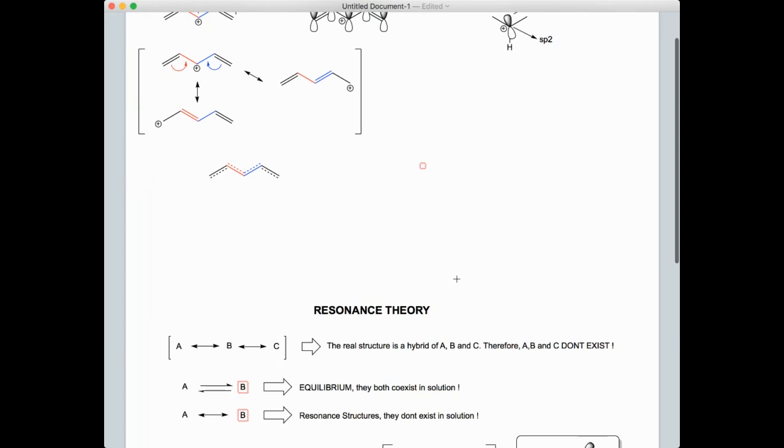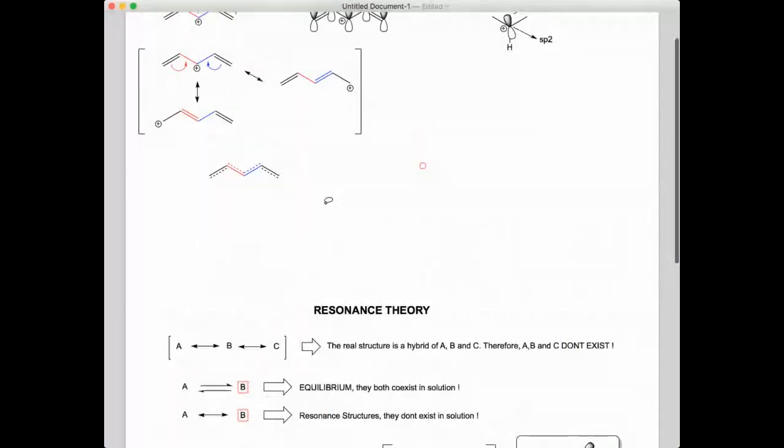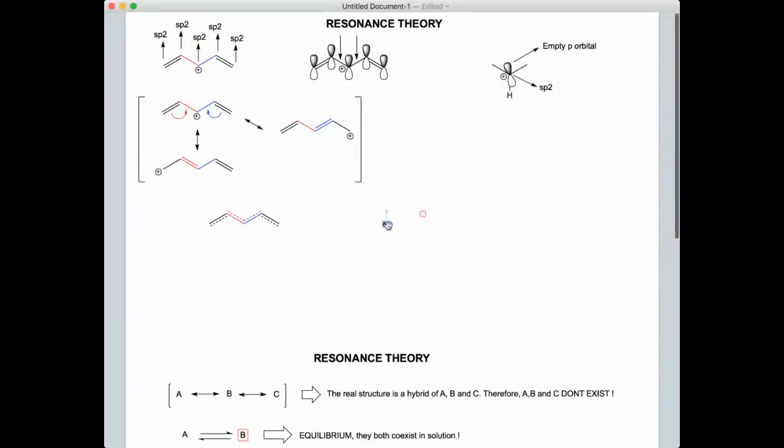And it also shows that there is electron deficiency in this carbon here, in this carbon here, and in this carbon here, because the positive charge is shared between carbons 1, 3, and 5.